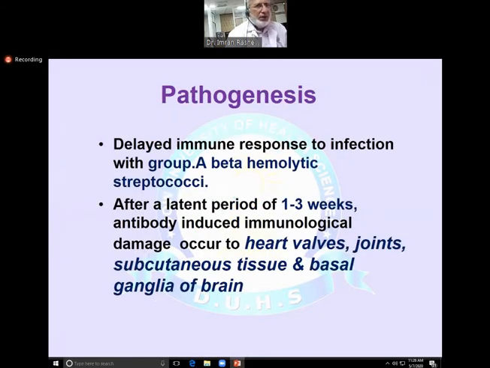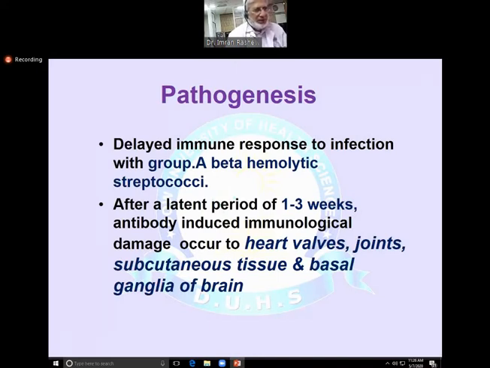Now let's discuss the pathogenesis, how this disease happens. It's a delayed immune response to infection with group A beta hemolytic streptococci. There are certain antigens present on the wall of this bacteria.